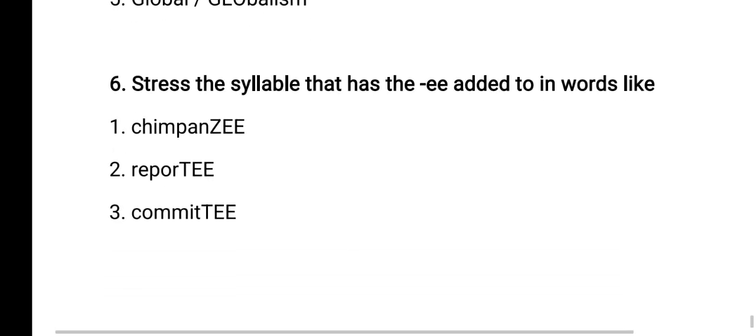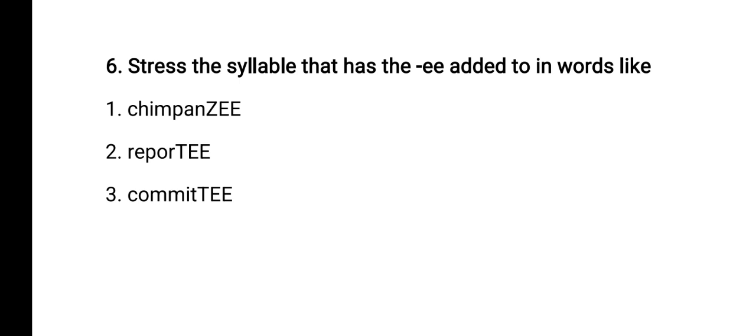The last rule I'm going to drop here is for you to stress the syllable that has the ee in any word that ends in ee, that suffix ee you added. Just don't even look for anything else to stress. As far as it is the ee that ends the word, stress the ee. But don't stress the ee in coffee, the one you used to drink, and toffee.